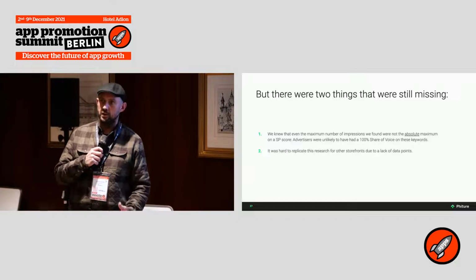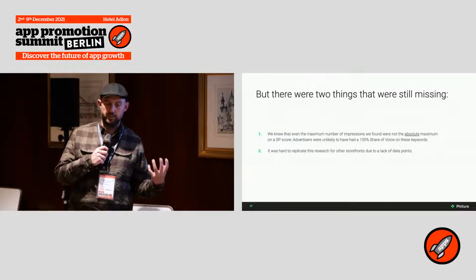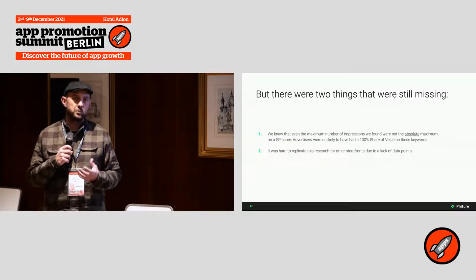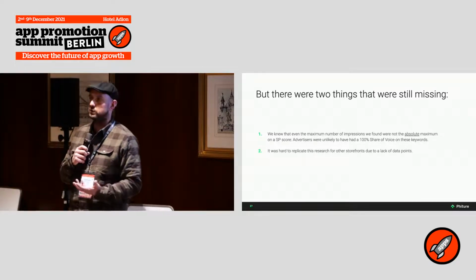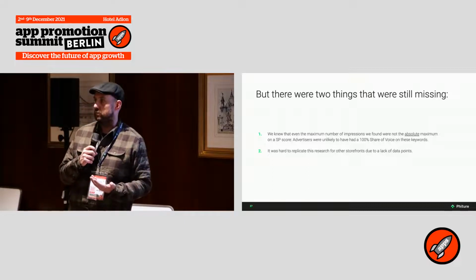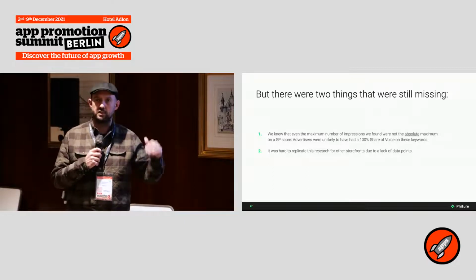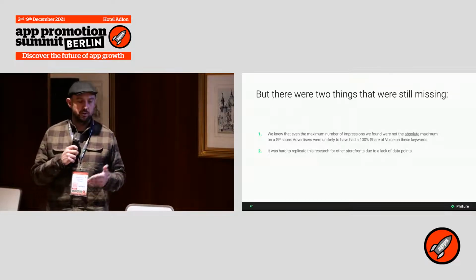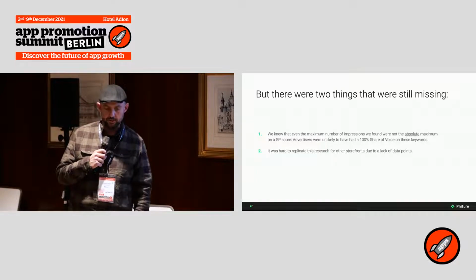But then there were two things that were still missing from our research. One is that we were looking at the maximum number of impressions that advertisers were getting. But of course we were limited, first of all, by the data set. And secondly, probably none of those advertisers had 100% share of voice. Apple is always giving some impressions to other bidders on those keywords.